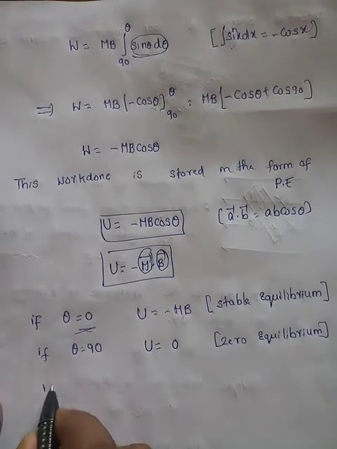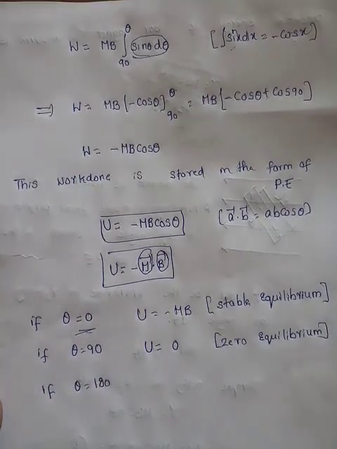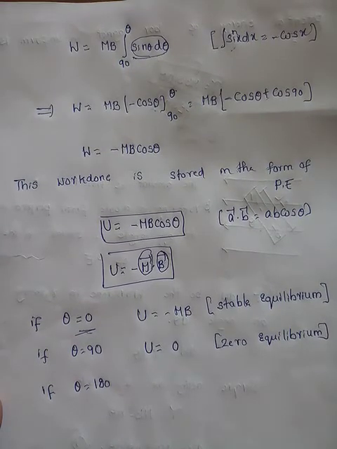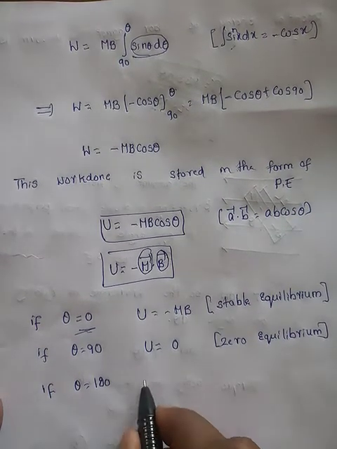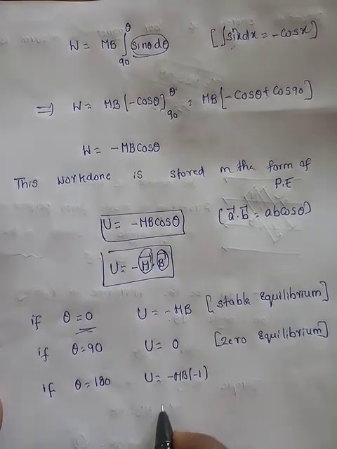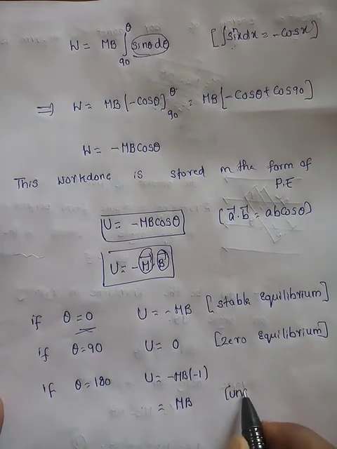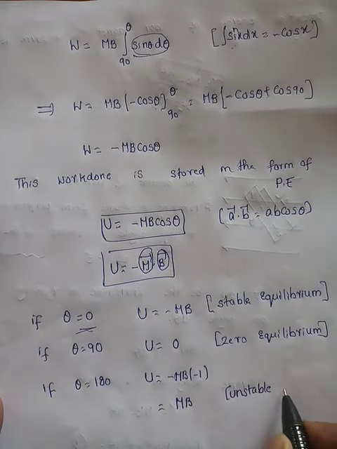And the last condition, if both are in opposite directions, then U equals minus mB into minus 1, minus of minus is plus. This condition is unstable equilibrium.